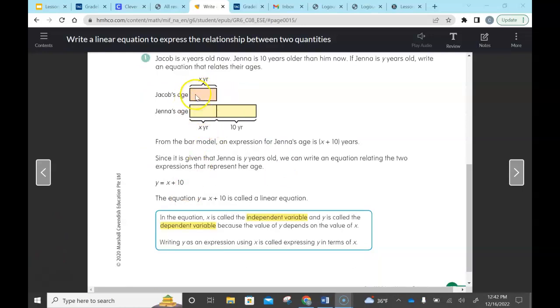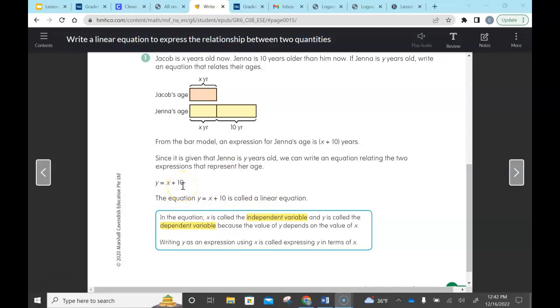We can see from the bar model, Jacob's age, right here, and Jenna's age is equal to Jacob's age plus another 10 years. So from the bar model, an expression for Jenna's age would be x plus 10 years. Since it is given that Jenna is already a certain number of years old, we can write an equation relating the two expressions that represent her age. So y equals x plus 10.